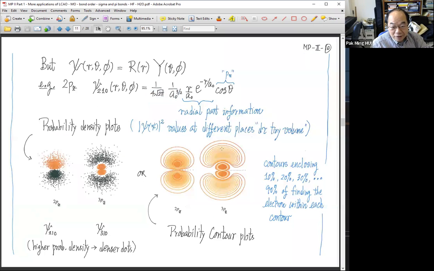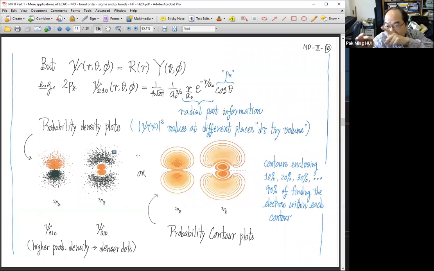So what if we want to indicate some information including the radial wave function? There are different ways to do it. One is called probability density plots. What are we doing? Now, you take this, you calculate this thing square. So you pick somewhere in space, give it a tiny box, a cube, so you have a volume.